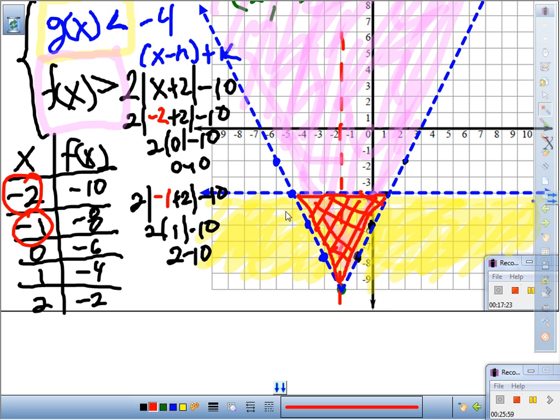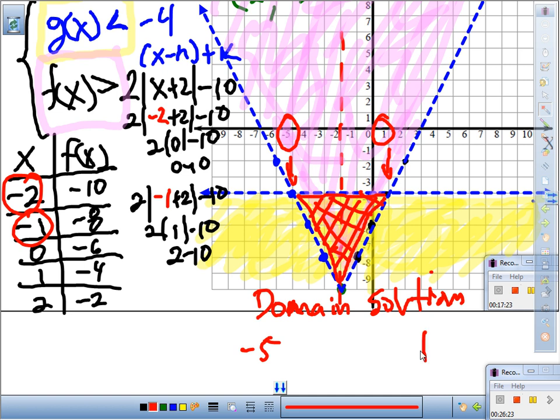So where does it start on the x value from left to right? The x value is -5 right there. It keeps going, and where does it stop? At +1. So that means the domain for the solution is in between -5 and 1.